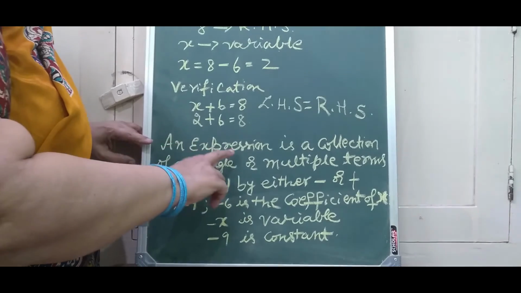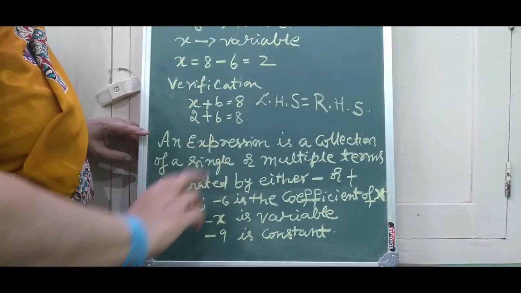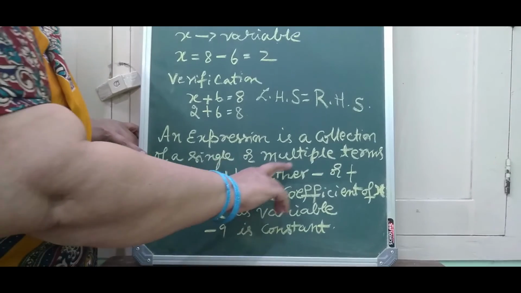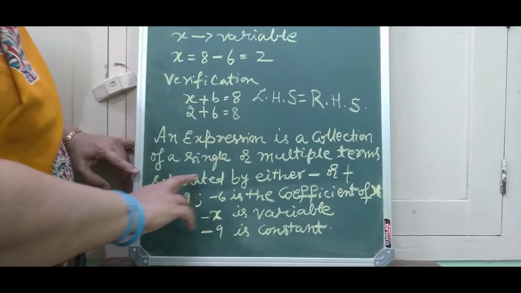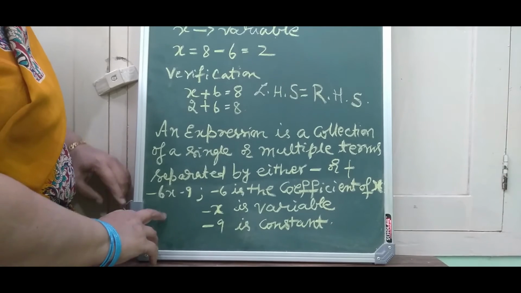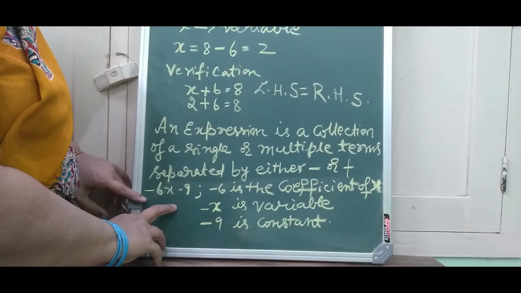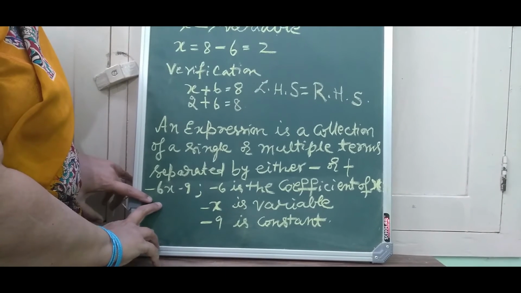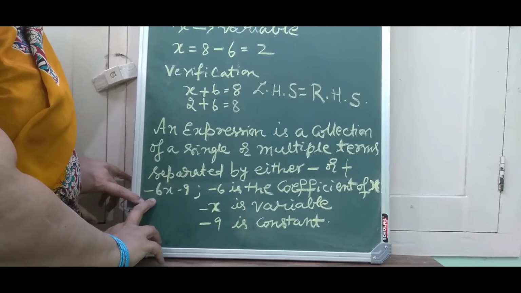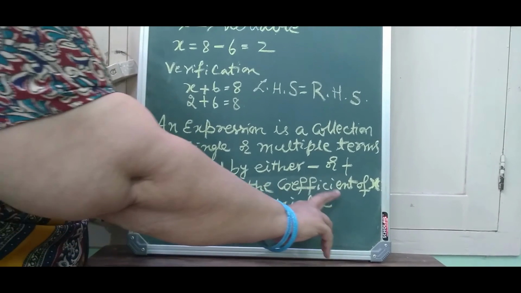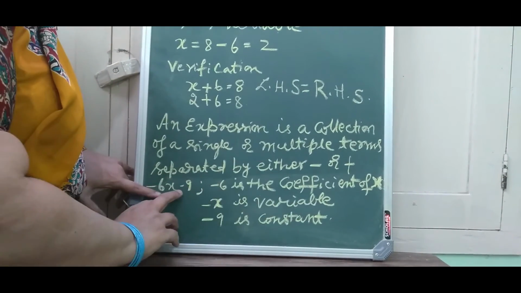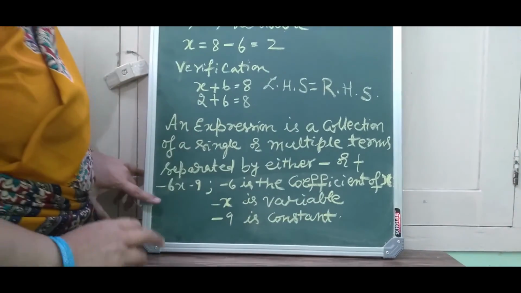An algebraic expression is a collection of a single or multiple terms separated by either minus or plus. Again here, I have considered one more expression: minus 6x minus 9. Here minus 6 is the coefficient of x, x is the variable, and minus 9 is called the constant.